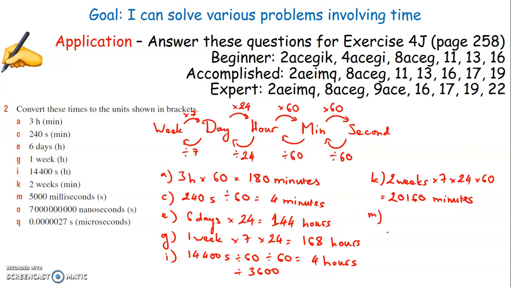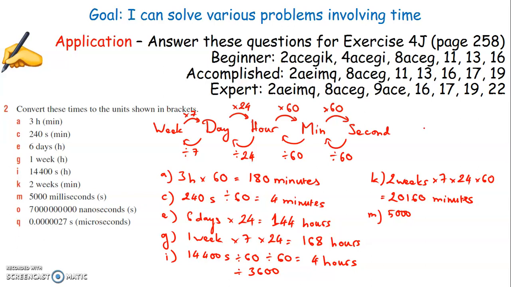Then we got M. For M, we got 5,000 milliseconds, and we want to change it to seconds.